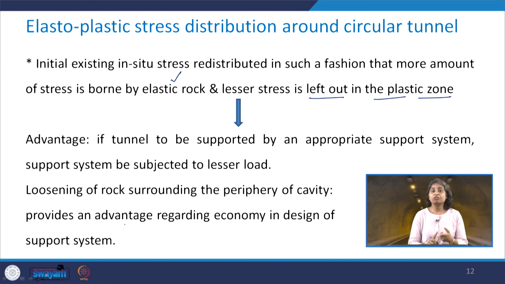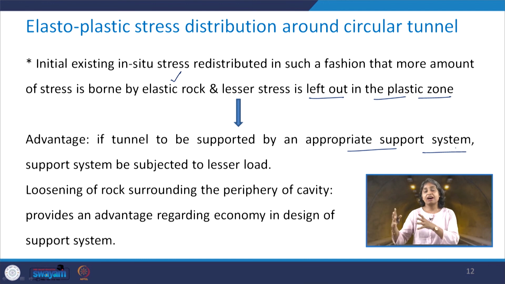The advantage of this is that if the tunnel is to be supported by an appropriate support system, those support systems will be subjected to lesser load, because a larger portion of the stresses, loads, is being taken by the elastic portion of the rock.